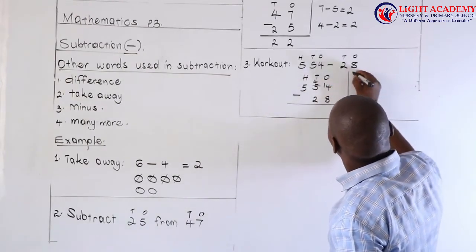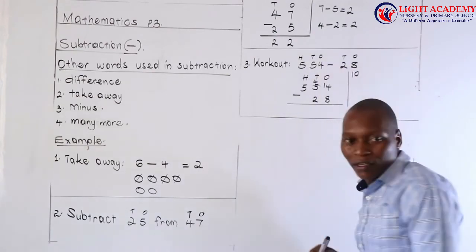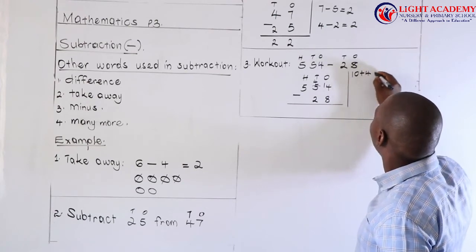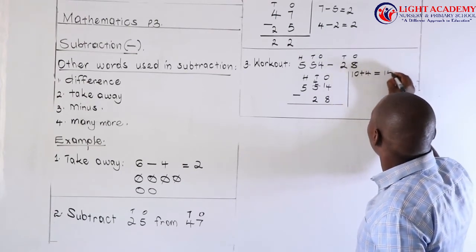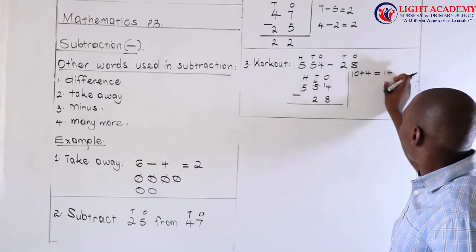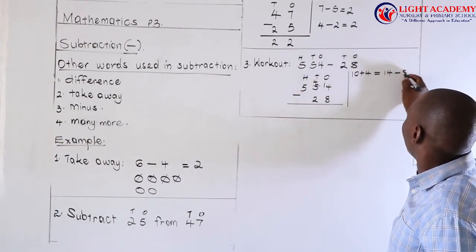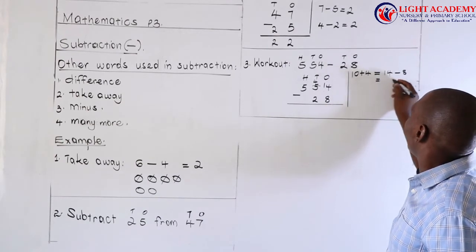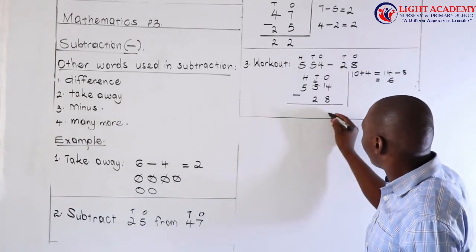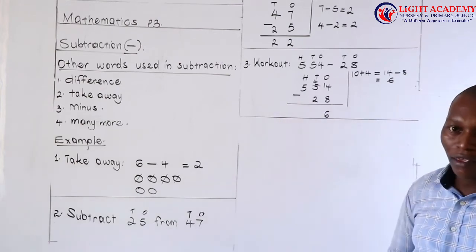Such that I'm having the one bundle of the tens plus the 4, which was already there, to give me the answer as 14. Okay? So when I get 14 and now I subtract 8, the result I get is 6. Okay? Therefore, I will be in position to put 6 under the 1's place value.